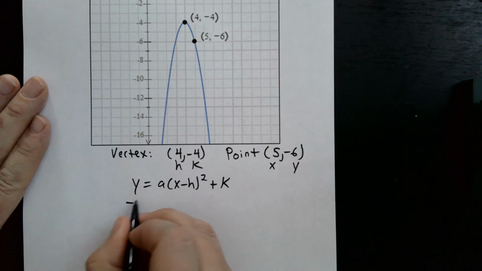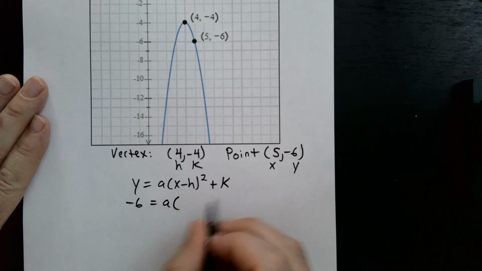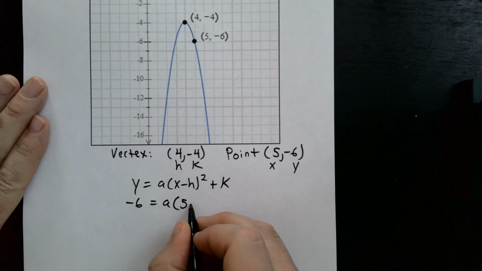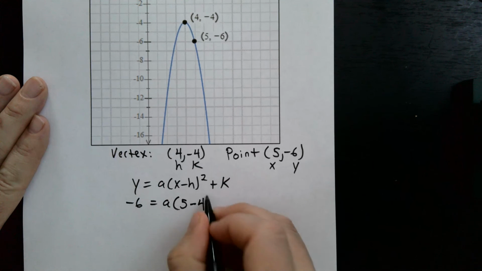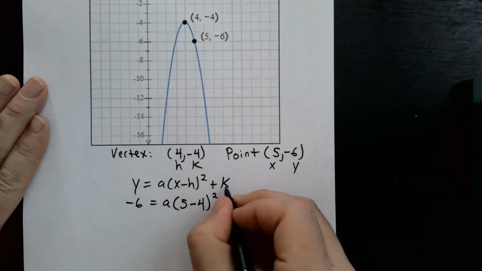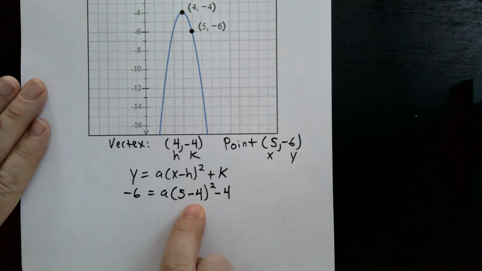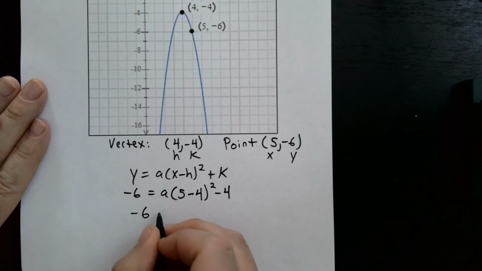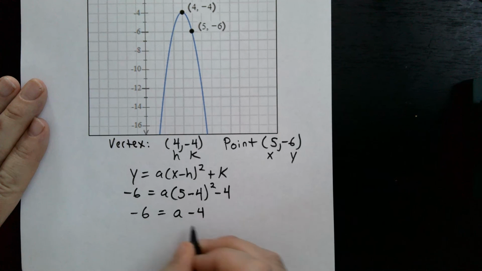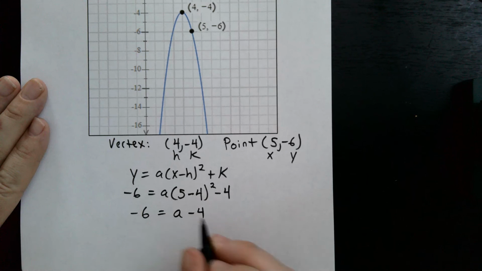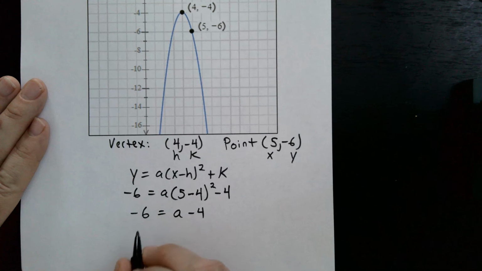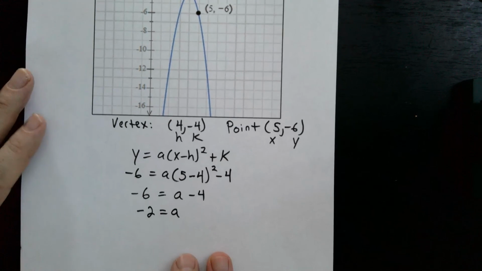So I get -6 equals a times 5 minus 4 squared. My k is -4, so minus 4. 5 minus 4 is 1, and 1 squared is just 1. So this whole parentheses turns into a 1, so I'll just leave it as an a. So -6 is equal to a minus 4. If I add 4 to both sides to get a by itself, -6 plus 4 is -2. So my a is -2.